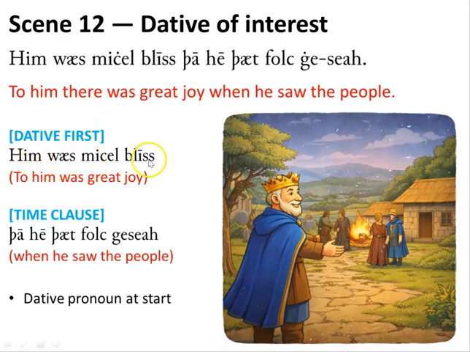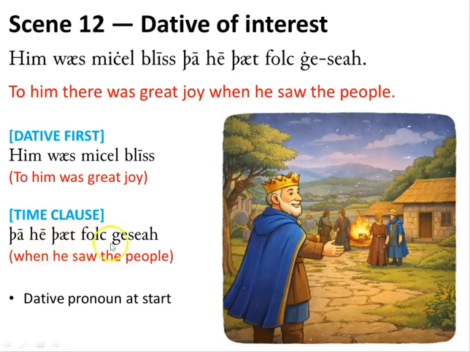Him was Mitchell Bliss, and there should be a C dot above that. Unbelievable how I miss these. To him. So when we translate to modern English, we go to him. Okay, but you understand when you translate the dative in Old English, you're going to put a preposition in front. Was great joy. To him was great joy. Sorry.